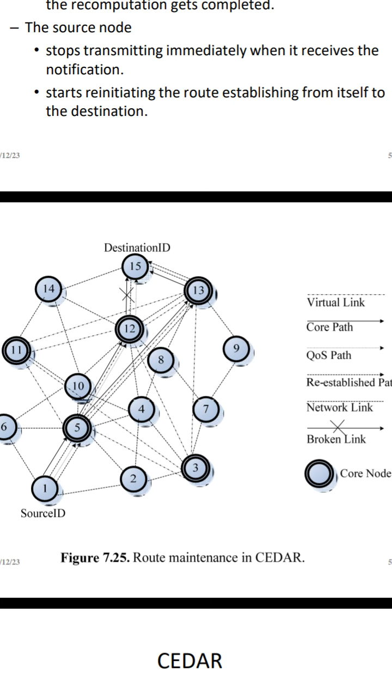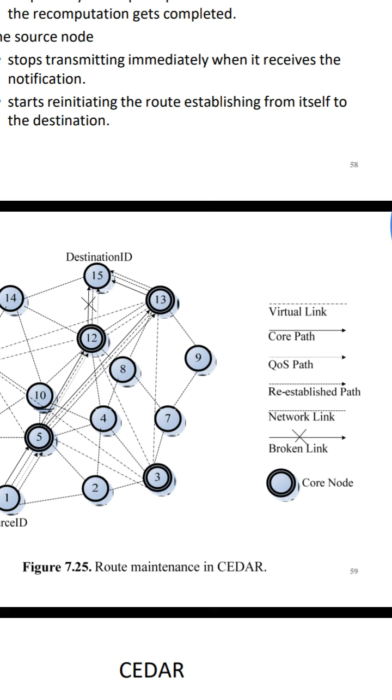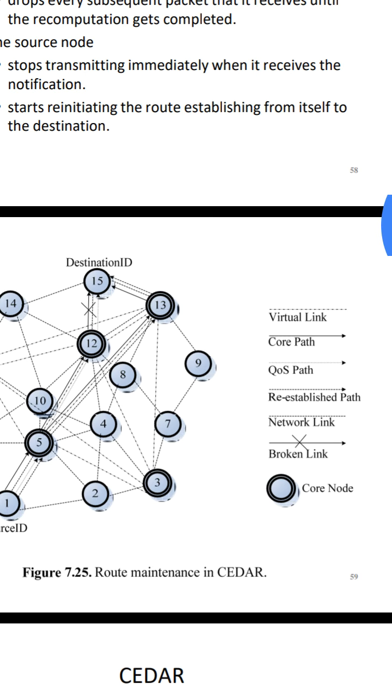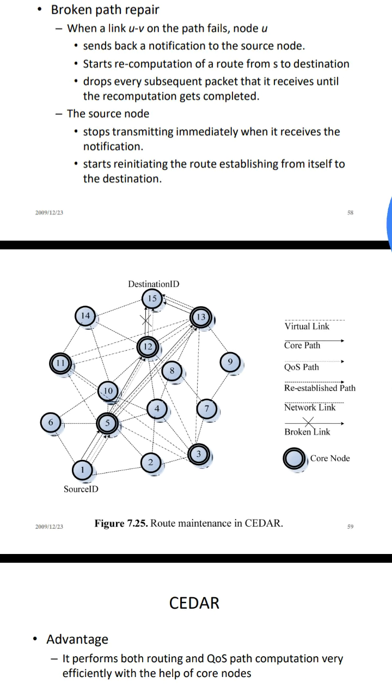That is the re-establishment path. Once it is established, the packet reaches the destination through it. Whenever the link between 12 and 15 is broken, 13 is responsible for reaching the destination with our packet. Like this, route maintenance is carried out.